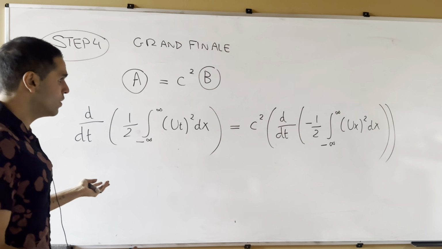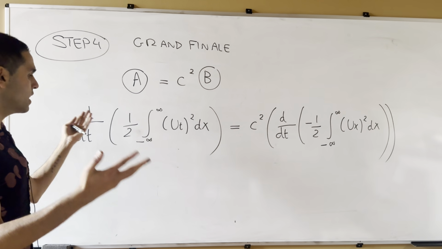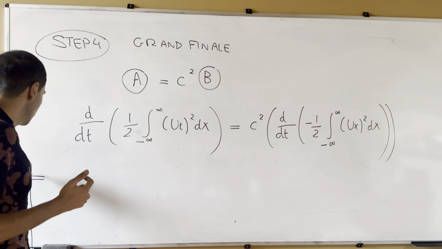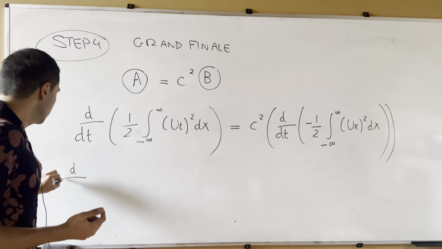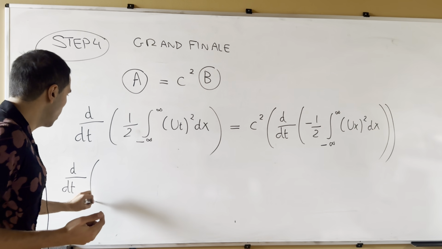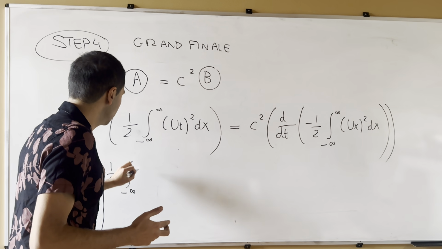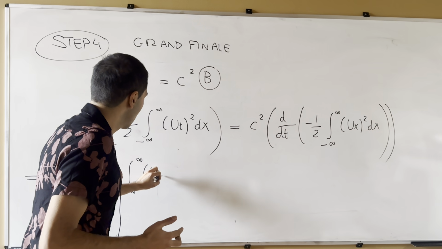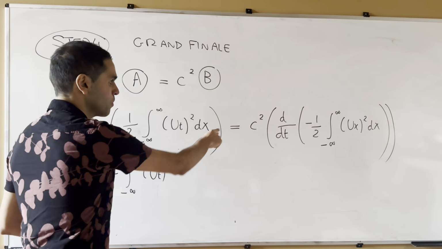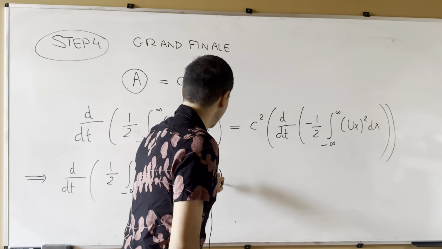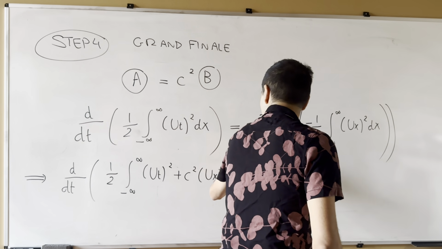And the cool thing is, now we can put everything under one t derivative. So what we get, d over dt of 1/2 integral from minus infinity to infinity of ut squared plus c squared ux squared dx.